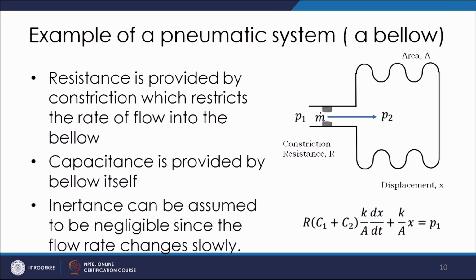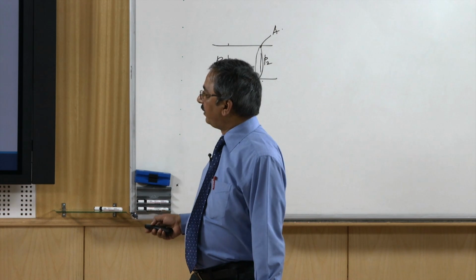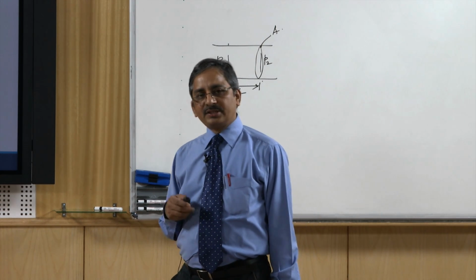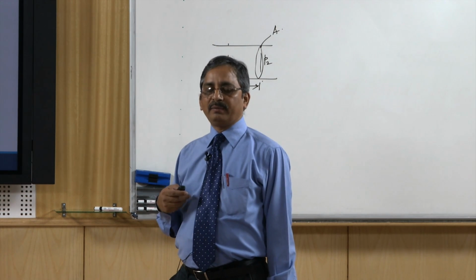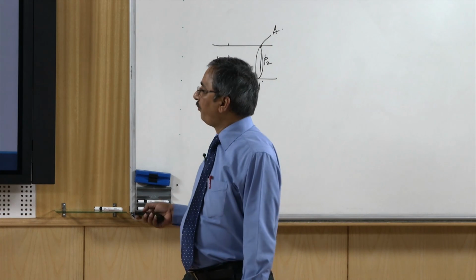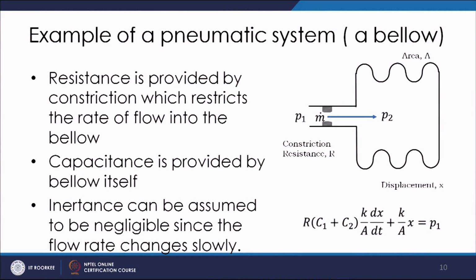We can neglect the inertance in this case by assuming that the flow rate changes very slowly. So we can assume that the acceleration of the gas is not there, or that it is 0. So we can neglect the inertance and just use the capacitance and the resistance building blocks to draw the system equation for this bellow.